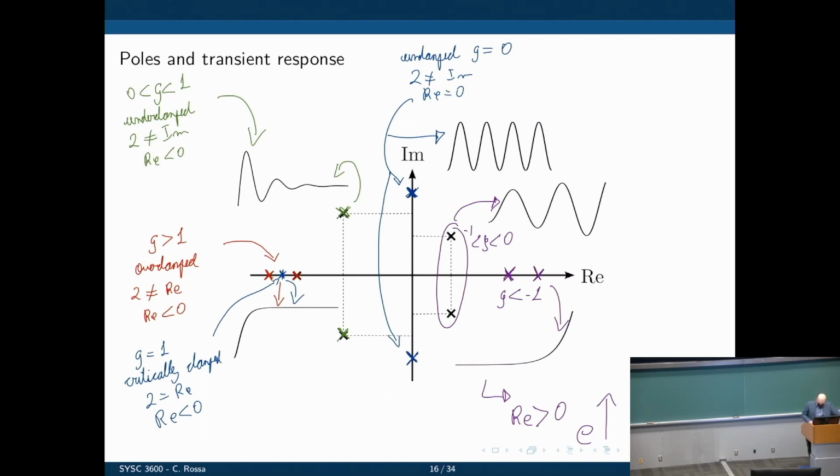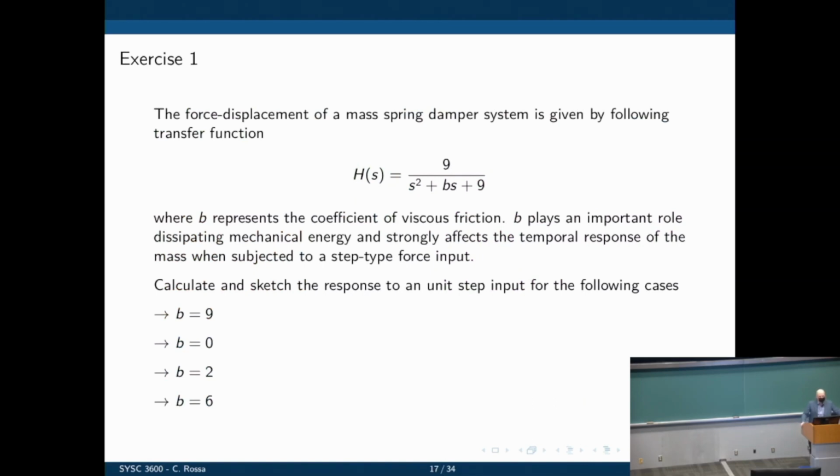All right. No questions. Let's do an exercise here. Very quick exercise. We have the force displacement of the mass spring damper system we saw before that is given by the following transfer function. So we identify here the mass with 1 kilogram. We identify the spring coefficient, which is 9.